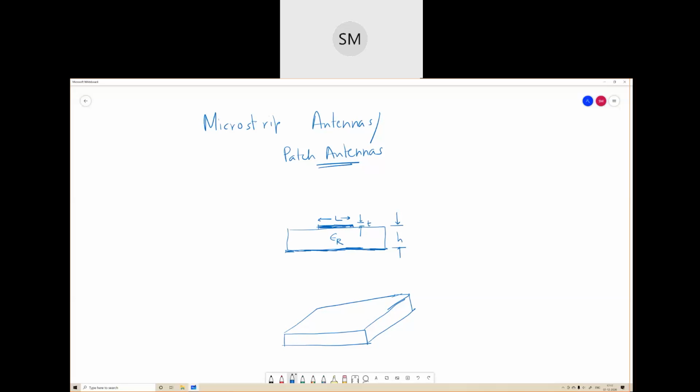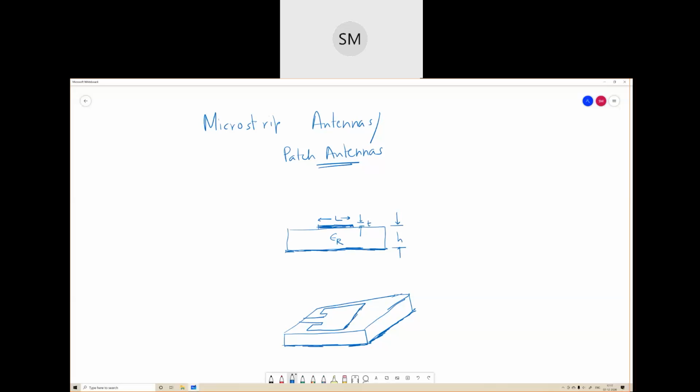This is the ground plane. And we can etch our top conductor in almost any shape or size we desire. For example, like this. So there is a top conductor. It could be like this.